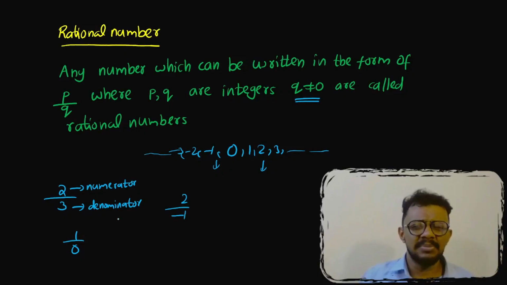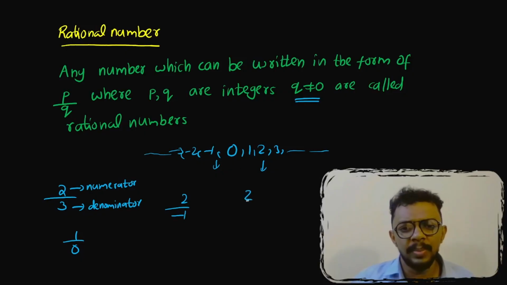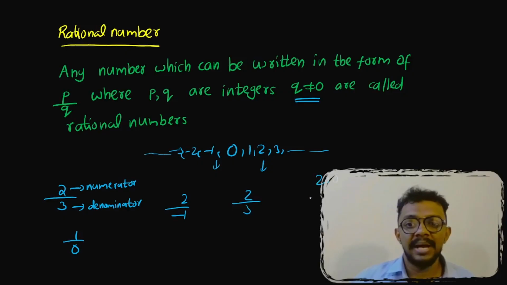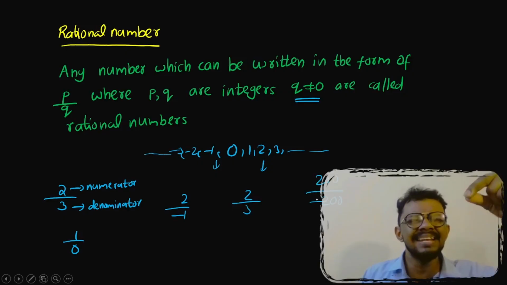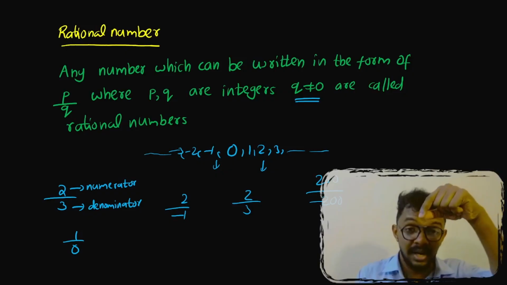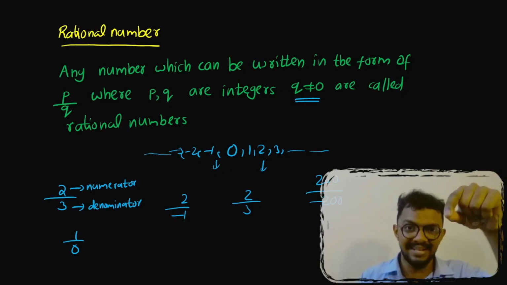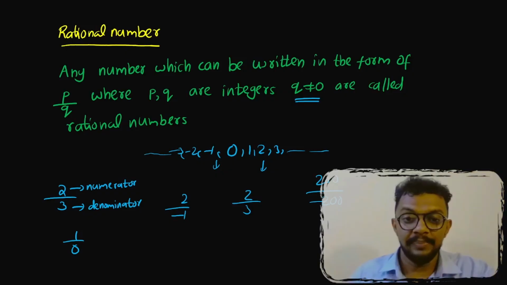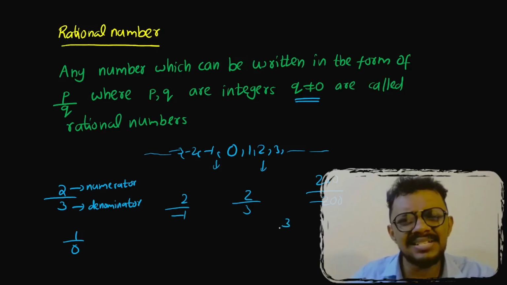So what are examples of rational numbers? 2 by 3 is a rational number. 200 by minus 200 is a rational number. So any integer by integer form of number is called a rational number, provided the denominator is not equal to 0. Now, is 3 a rational number?